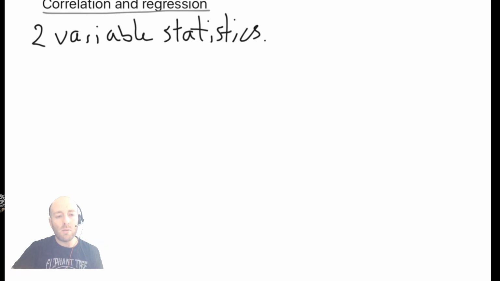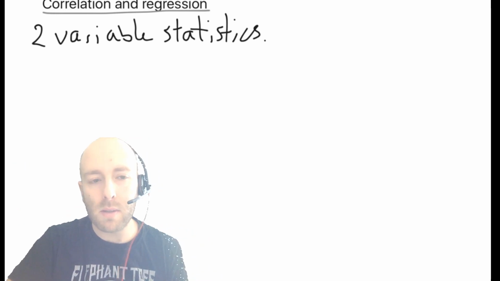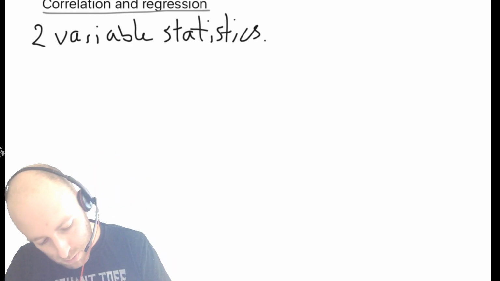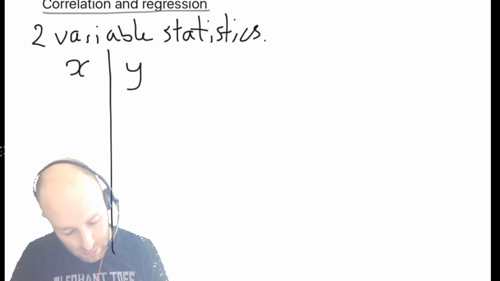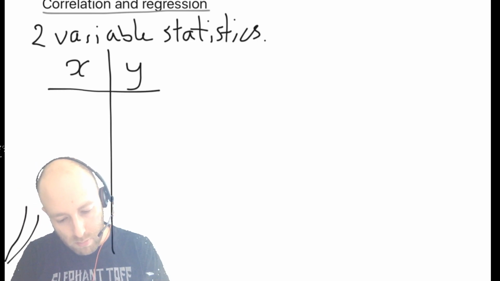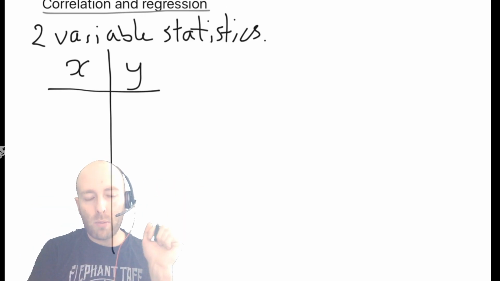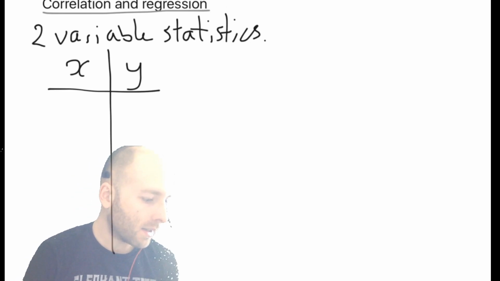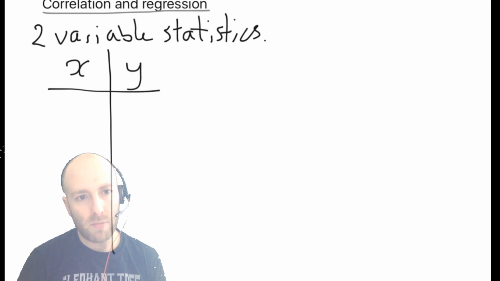Don't know. So two sets of data that we suspect have some kind of link between them. So we're going to call these x and y. When we do this kind of stats, we need to use the table on a calculator and tell it that we've got x and we have y as well now. And if you're doing it on the ClassWiz, I'll show you how to do it in a second. So I'm going to give you the definitions of these words first, and then we're going to look at them for the next couple of lectures.